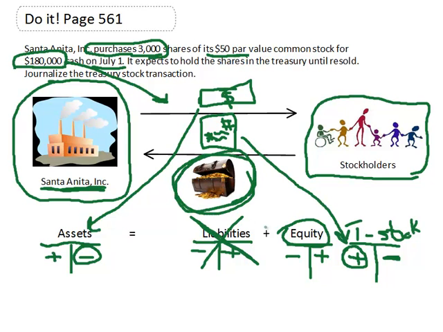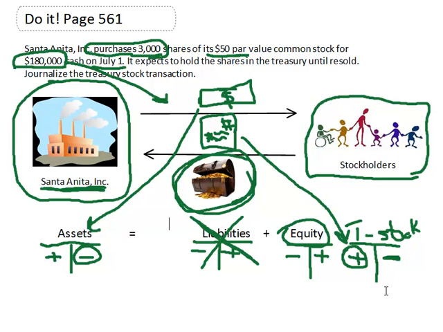Well, we can reissue it to our employees for bonuses or some kind of a stock compensation plan. It could just be a strategic move on our part to try to buoy up the market price of the stock, and that's usually one of those two reasons that a company will purchase the stock back from the stockholders.